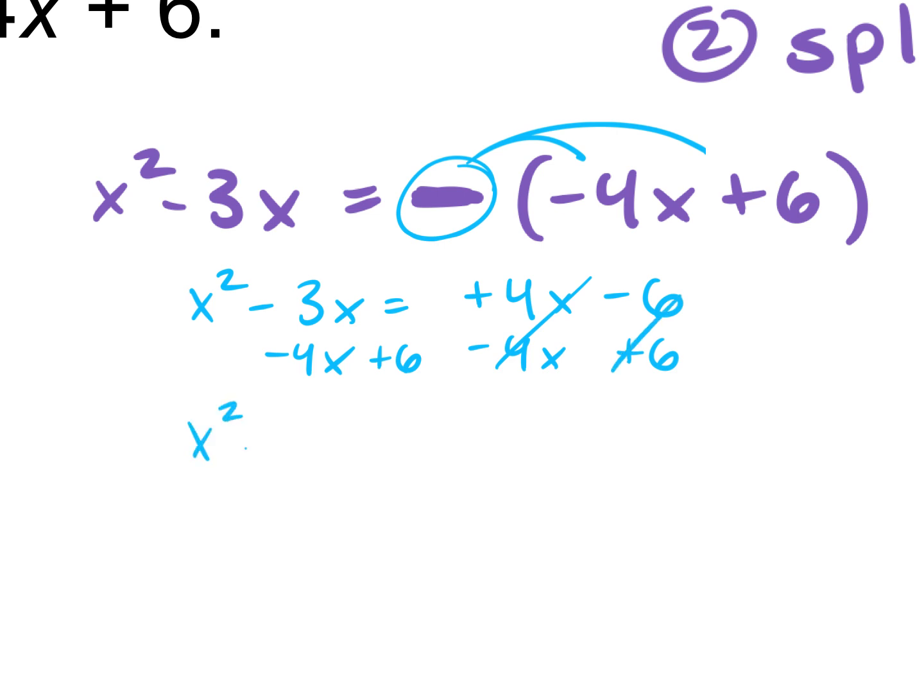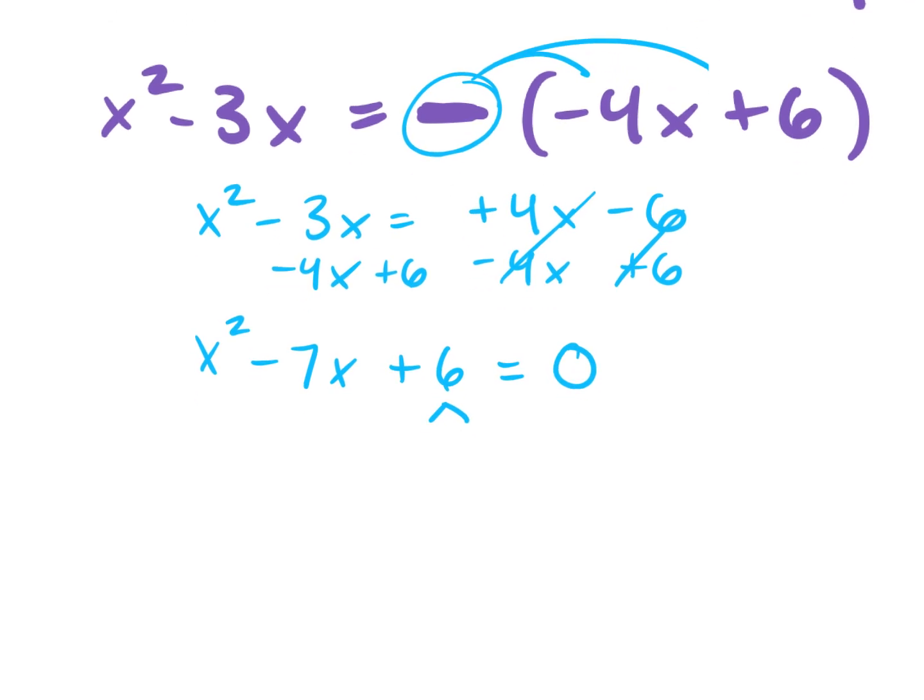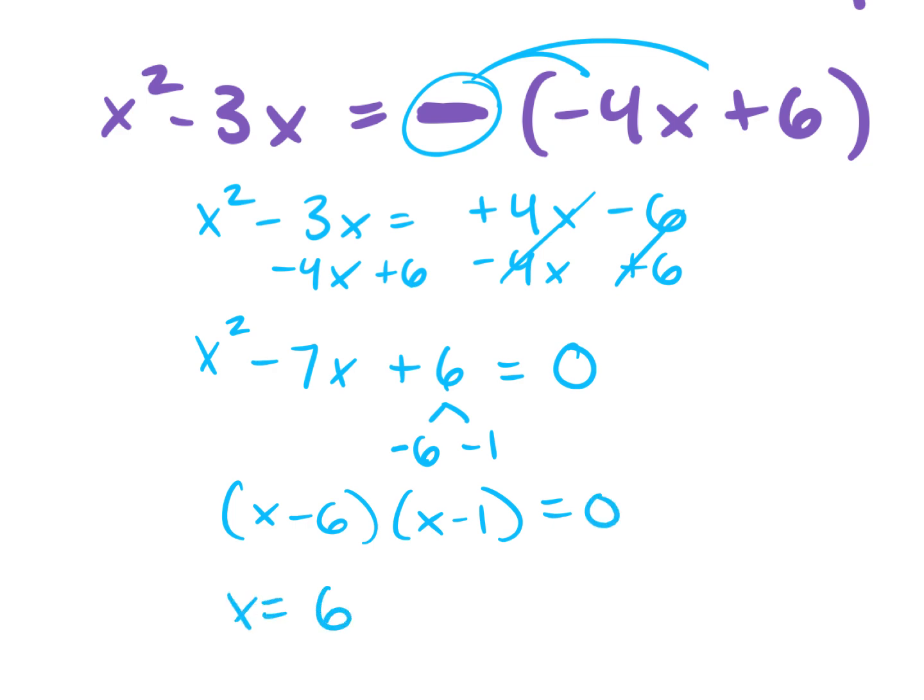So x squared minus 7x plus 6 is equal to 0. Do we have two factors of 6 that add to negative 7? Yes. Awesome, negative 6 and negative 1. So x minus 6 and x minus 1, x is equal to 6 and 1.